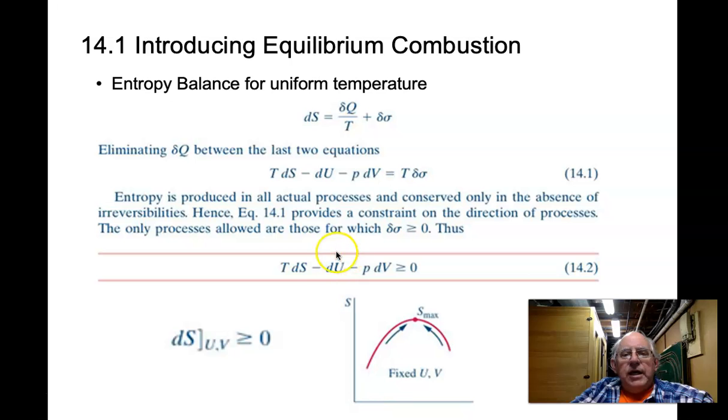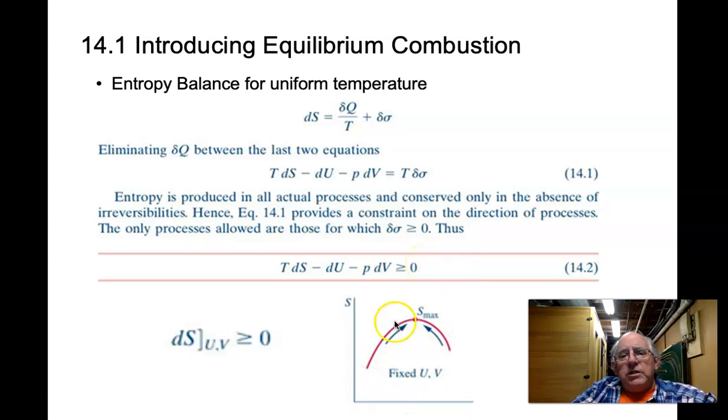And so if we say delta U is equal to 0 and delta V is equal to 0, that would be a fixed mass system with a certain amount of energy associated with it. And what this tells us is that the entropy and temperature combination will then either be equal to 0 or greater than 0.